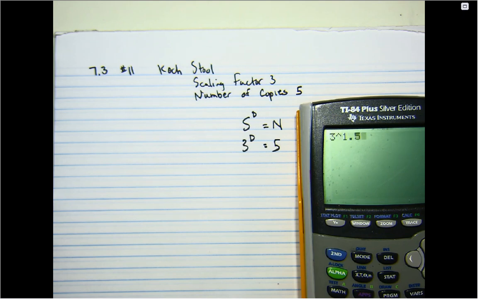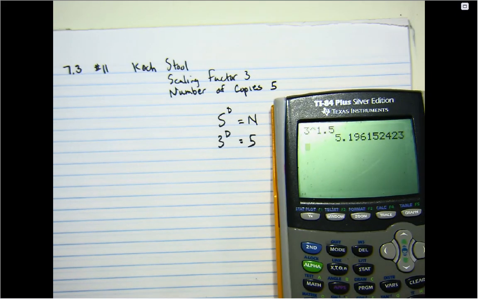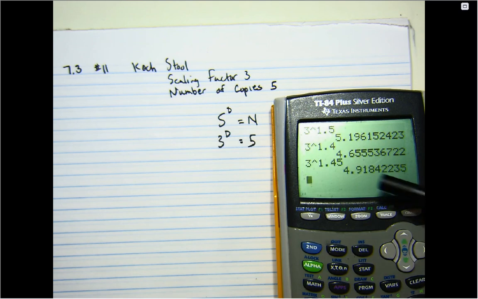Let's try 1.5. It's a little bigger than 9. Bigger than 5. We're trying to get a 5 out of this. 3 raised to what power equals 5? So something between 1.4 and 1.5. That's closer. I'd like it if you got within 1/100th, okay?